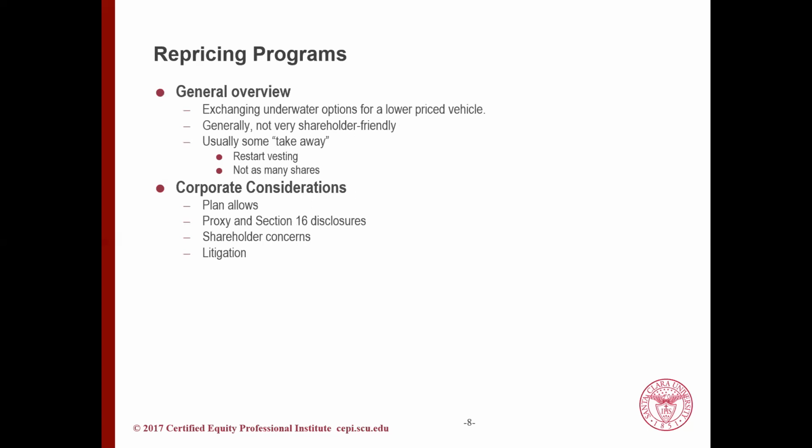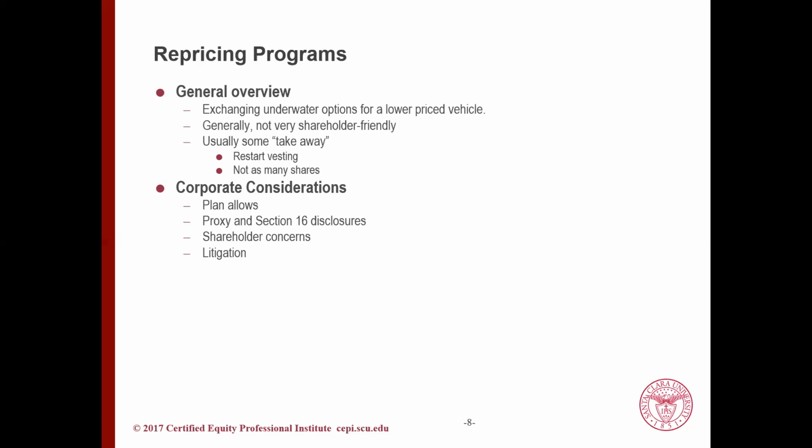Repricings carry a variety of implications. First, if the plan document does not allow for a repricing, then publicly traded companies must seek shareholder approval under the exchange listing requirements. Second, there are both Section 16 and proxy disclosure requirements for insiders who participate. A repricing is reportable on a Form 4 and must be disclosed in the Summary Compensation Table narratives section.